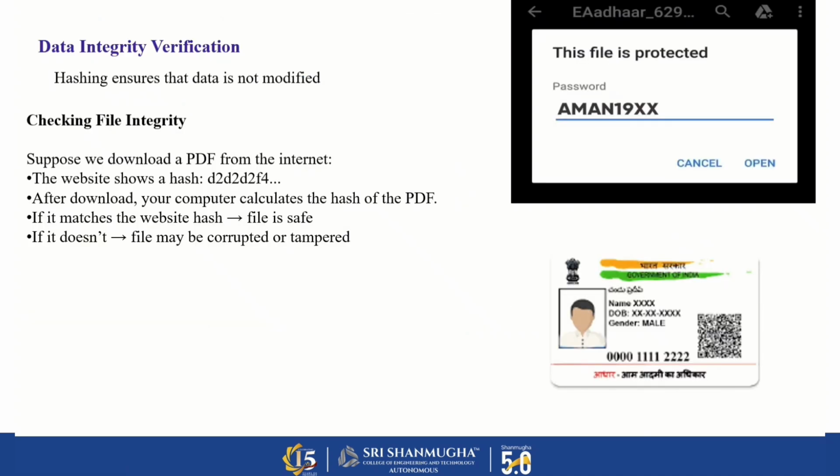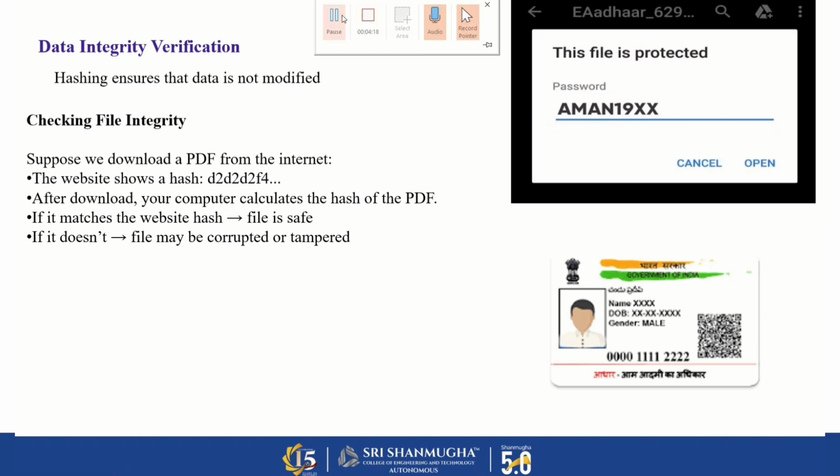Hashing functions are also used in data integrity verification. For example, if you are trying to download your Aadhaar card or a bank statement, the PDF is protected with a hashed value. Whenever you give the password, it is converted again using the hash algorithm.